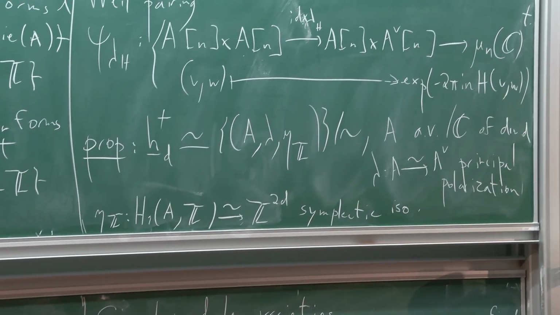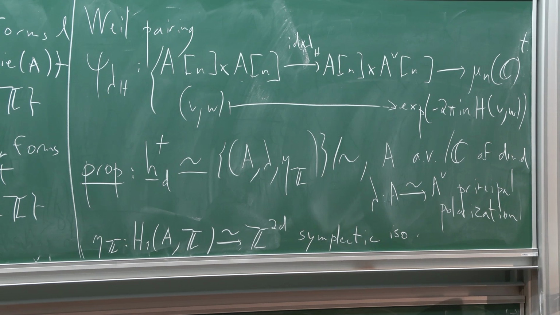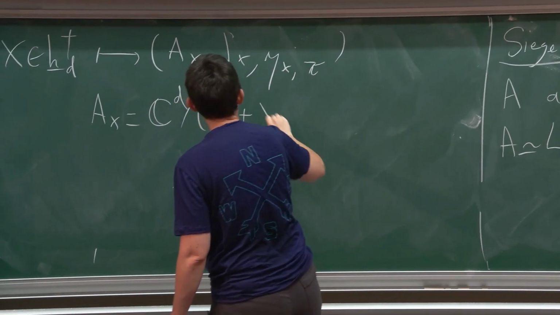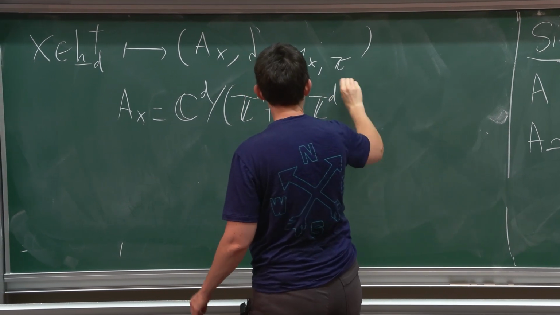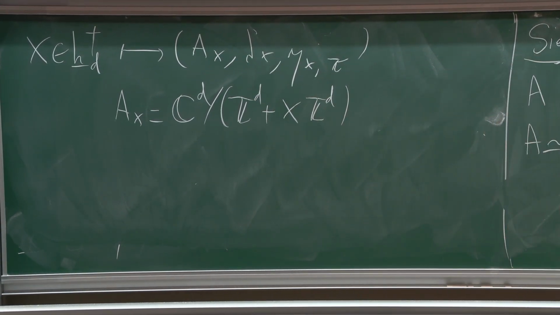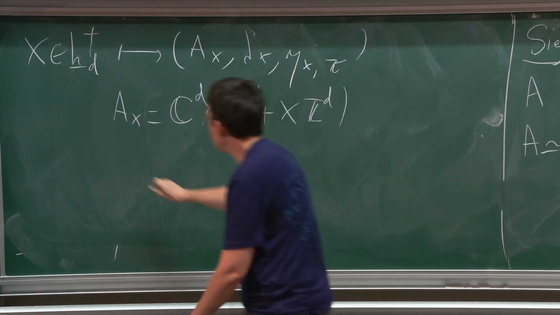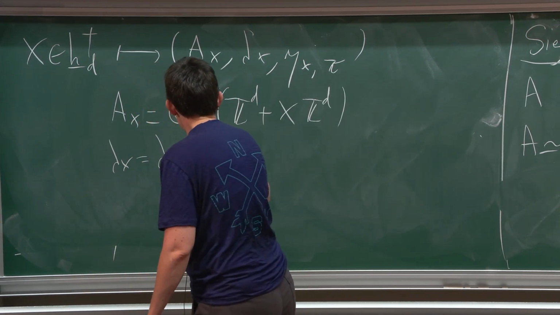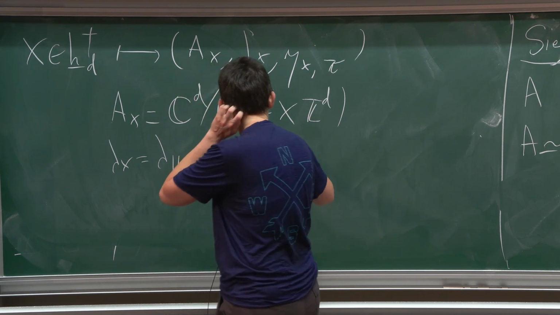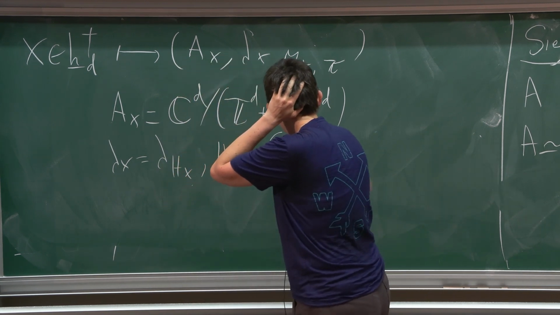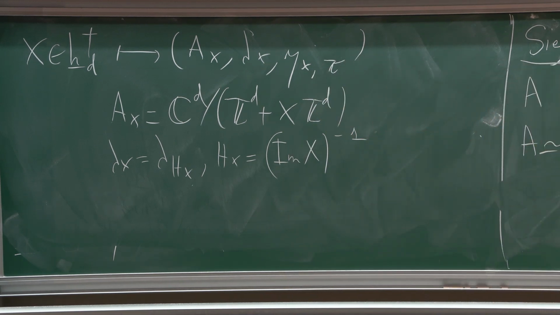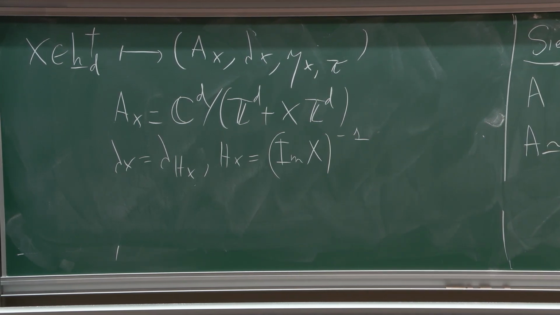So the lattice should just be Z plus Zx, so it's Z^d plus x Z^d. Lambda_x is lambda of h_x, where h_x is the Hermitian form with matrix (imaginary part of x)^-1. And we know that the imaginary part of x is positive definite.